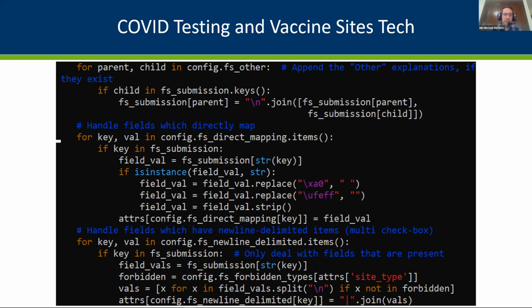So a number of our questions on the form had an other field, and then there was a text box somewhere else which is technically a separate field, and those needed to be associated. And so we could just list here all the things that have other fields and smush those together.